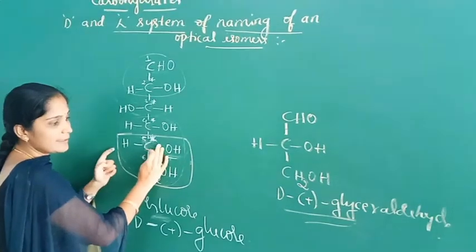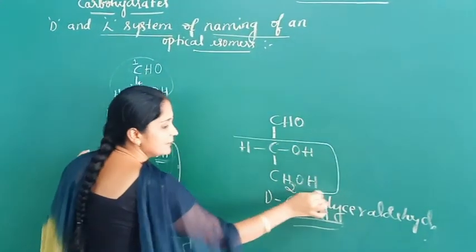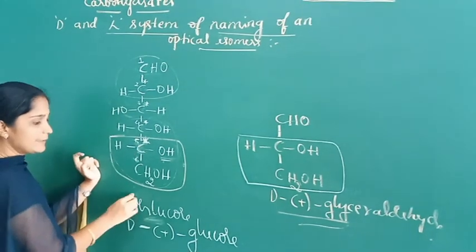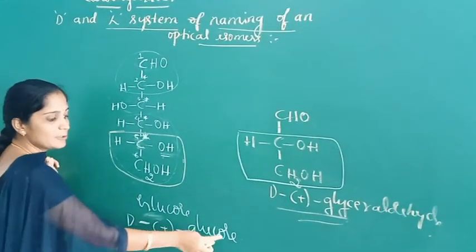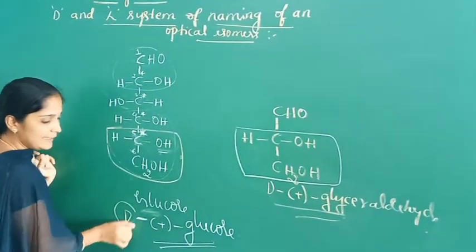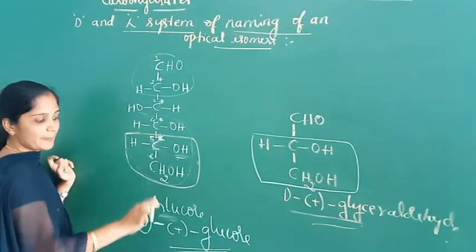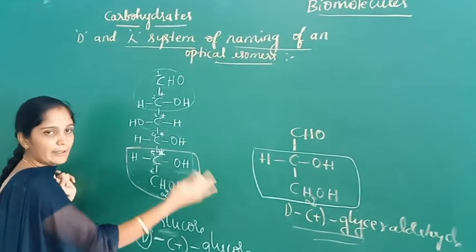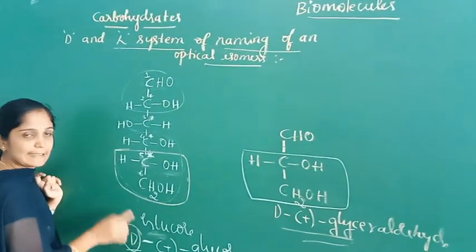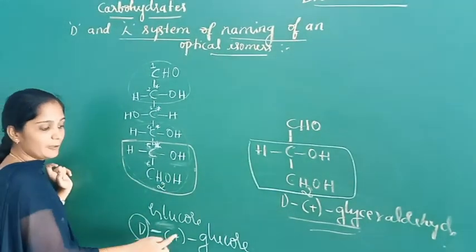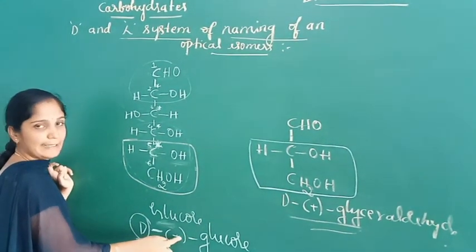So this resembles D-glyceraldehyde, and we can call this D plus glucose. Here D represents only the spatial arrangement of atoms or groups in space. If OH is present on the right hand side, then we call it D. Plus indicates that this glucose rotates the plane polarized light towards the right.